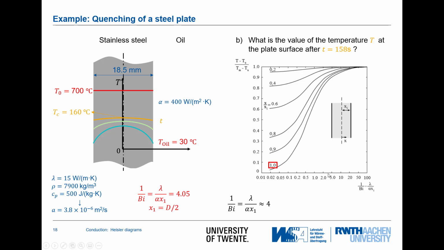So we can also go here to this value of 4, and we see that our value here is approximately 0.88, which is then the ratio between the surface temperature difference to the oil towards the center temperature difference with the oil. And from that we can calculate the surface temperature, which is 144 degrees Celsius.